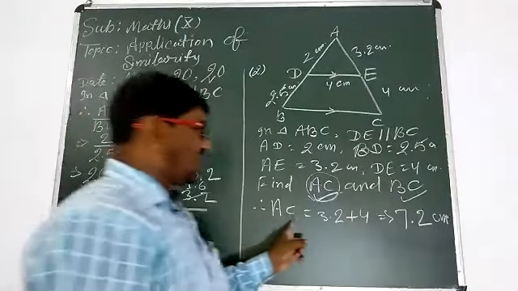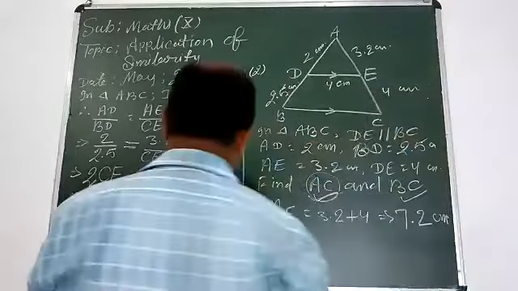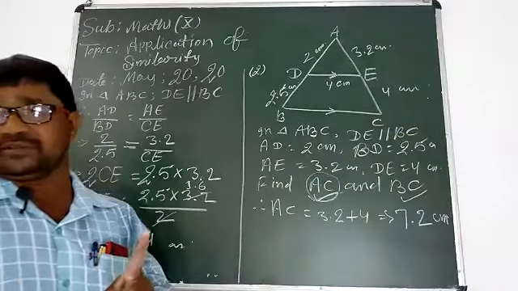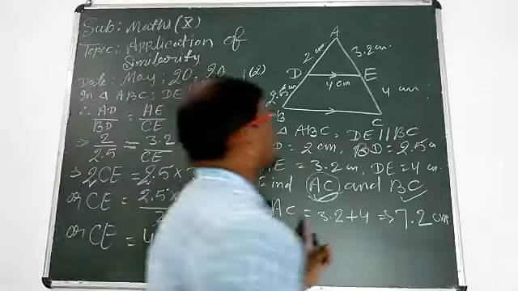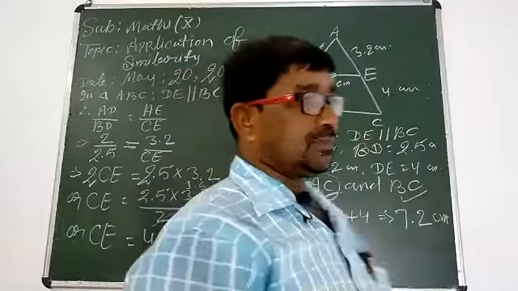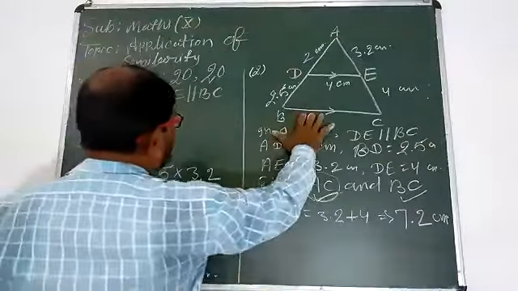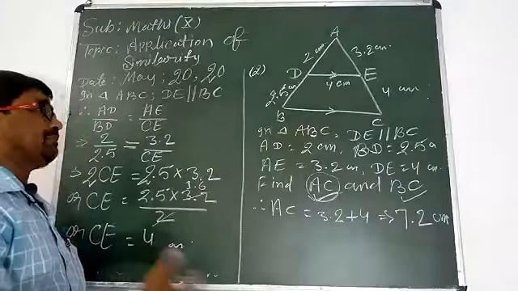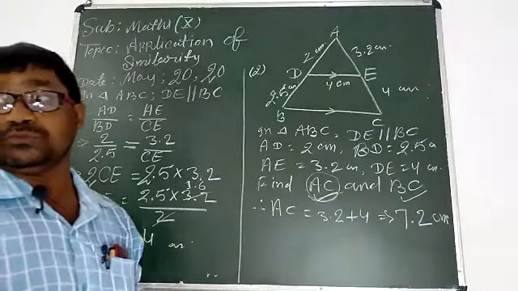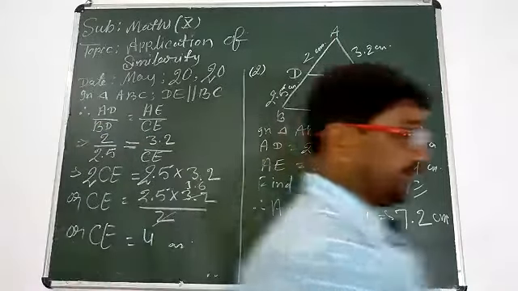You have got AC in this way by taking help from BPT. Now we should think about BC. So we should go to similarity now by applying some criteria.